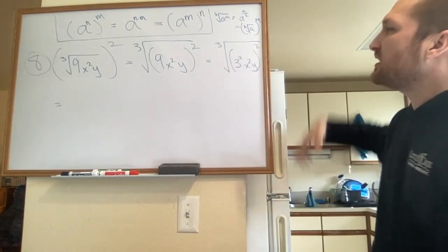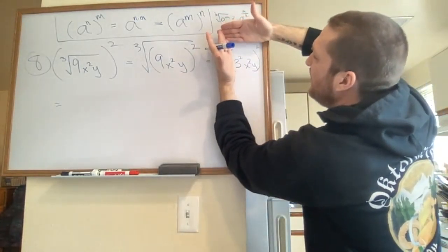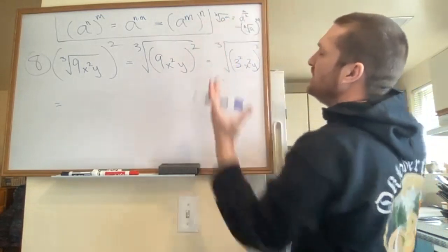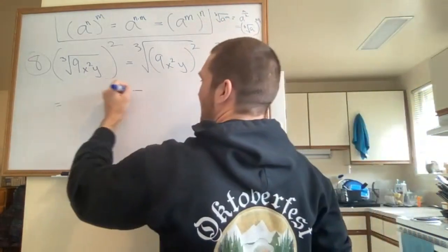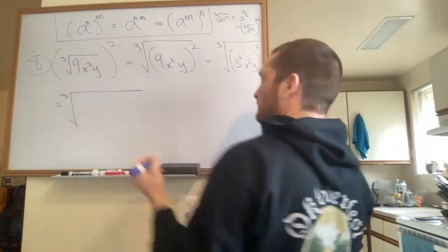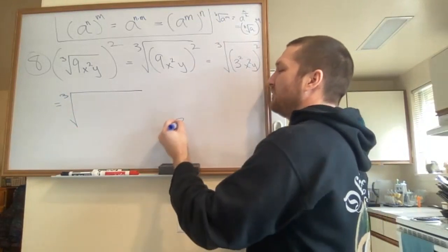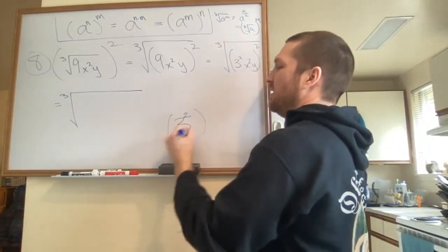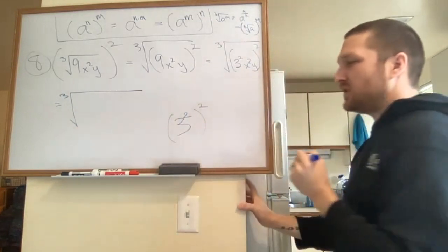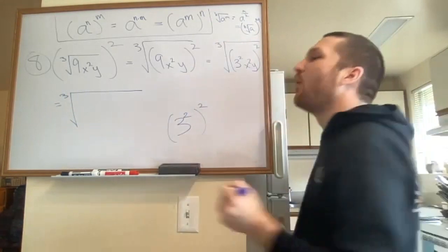Okay, so now let's just look at the inside stuff here. Let's go ahead and square that out. 3 squared squared is what in terms of prime factors? How many 3s do I have when I square? 2. 3 squared, oh, so 3 squared squared, total of 4. There we go.